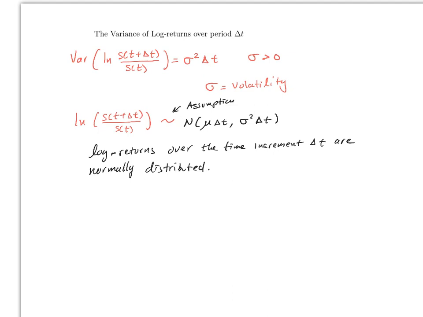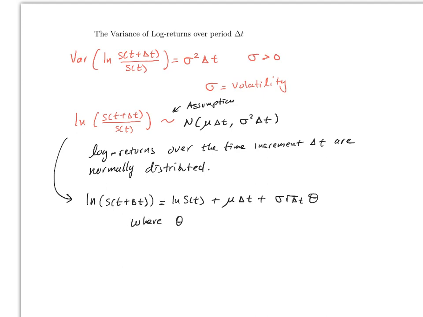In other words, from here we can rewrite this as: ln of S(t + Δt) is equal to ln of S(t) plus μΔt plus σ√Δt θ, where θ is a standard normal distribution.